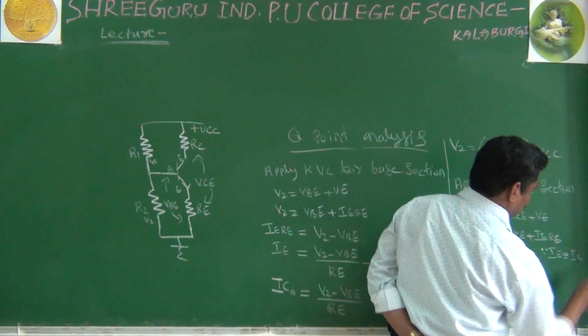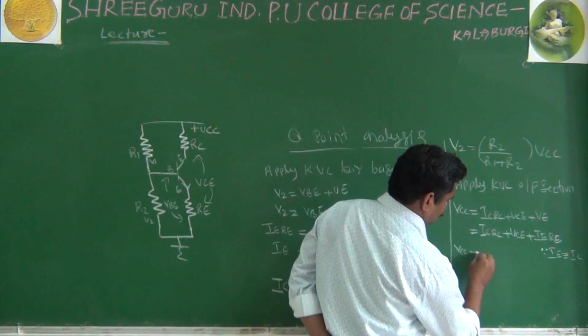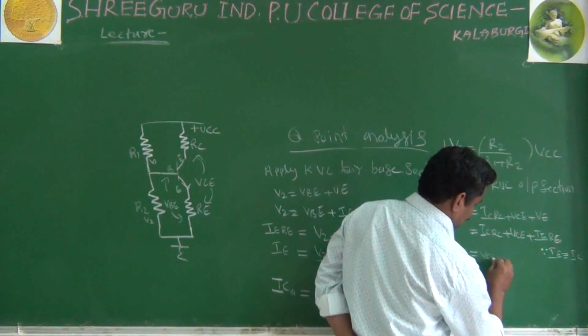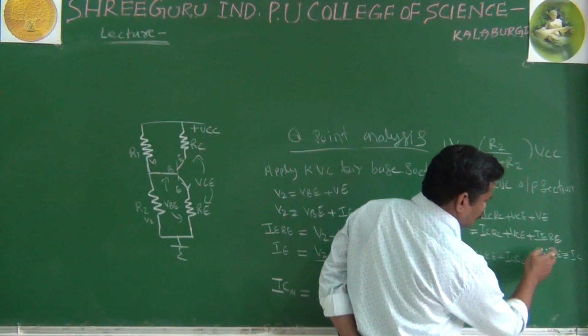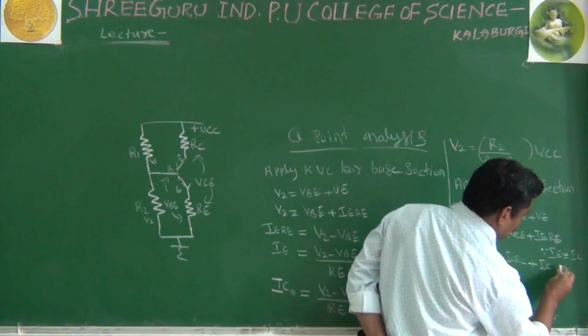So VCC equals VCE plus IC into RC, and in place of IE you can write IC into RE.